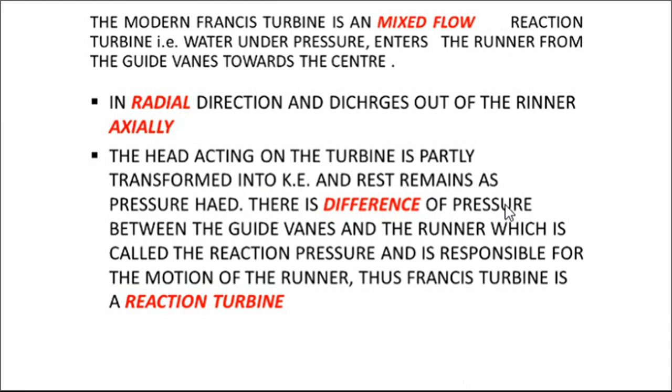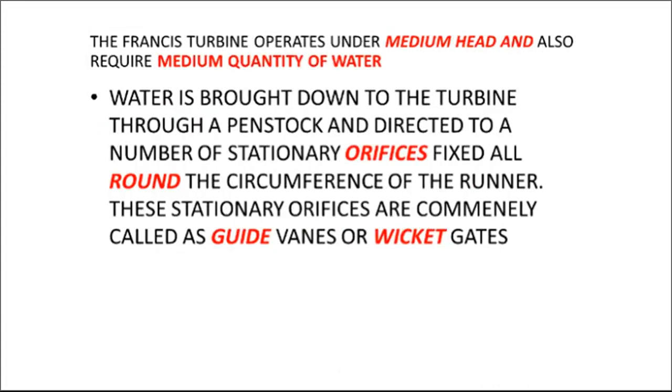So there is a pressure difference between the guide vane and the runner, which is known as reaction pressure, and it is responsible for the motion of the runner. That's why the Francis turbine is known as a reaction turbine. Up to the guide vanes, the working of Francis, Kaplan and propeller turbines is the same. All three turbines are reaction turbines.